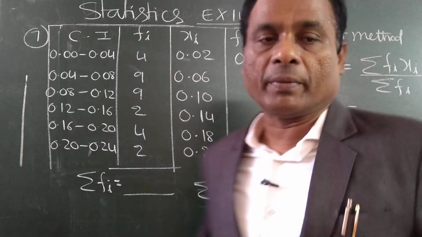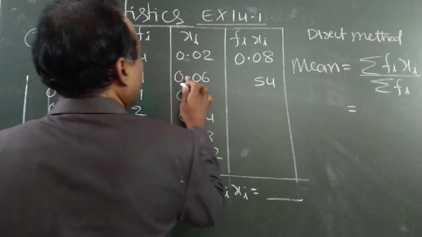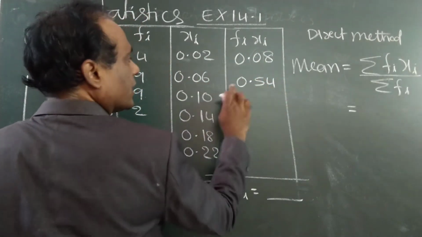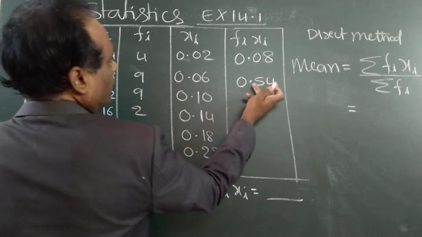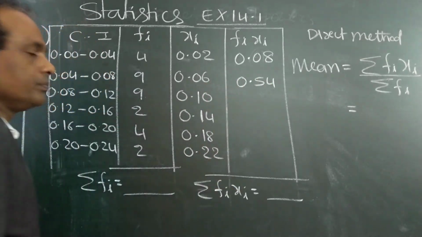Very good. Somebody wrote 9 into 6 is 54, but the decimal is there, so no need of writing any other 0. 9 6s are 54, 2 digits after the decimal are there, so I am not writing one more 0.